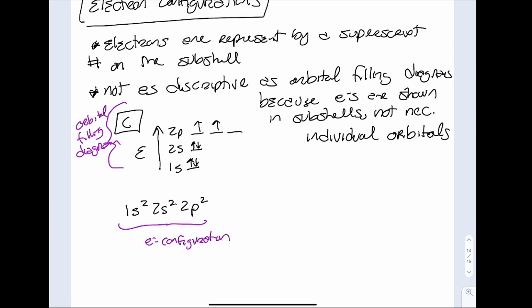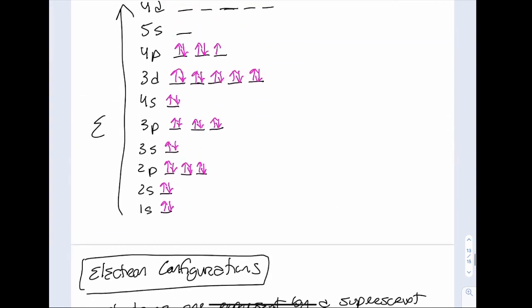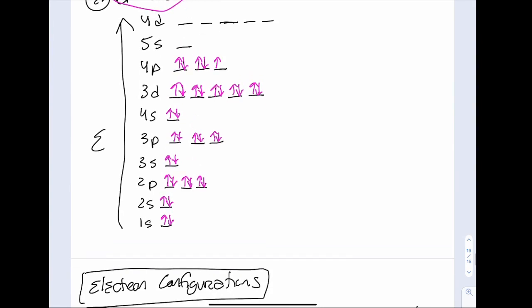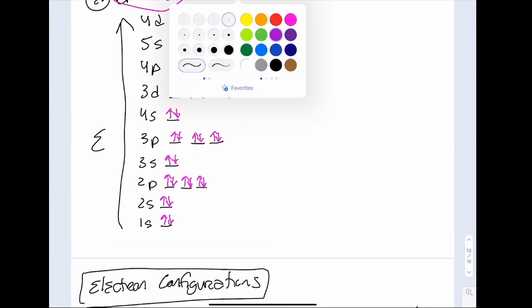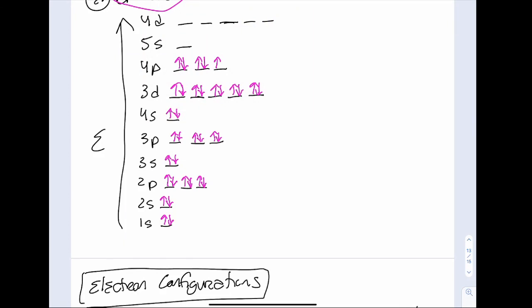I'm going to scroll back up to the bromine one we did in the last video, which is just right here. And if we were to write the electron configuration for this one, so I'm just going to start at the bottom. So I have 1s, I have 2 electrons in it. Then I have 2s, it has 2 electrons. Next is 2p, here I have 2, 4, 6. 3s, which has 2 electrons in it. 3p, there's 6 of them there again.